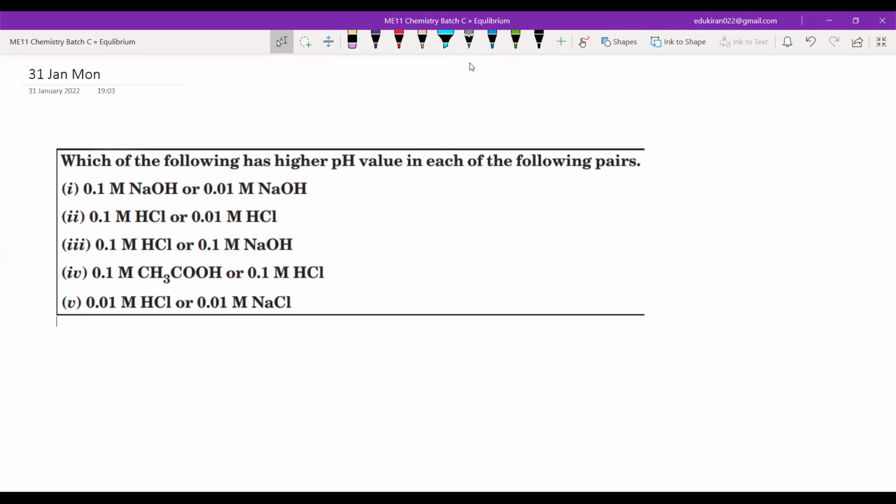Okay. Write this down. I hope all of you understood this question and you can do it, right? You just have to tell me which of the following will have a higher pH value. You don't have to calculate the pH values. I hope you can just look and tell.